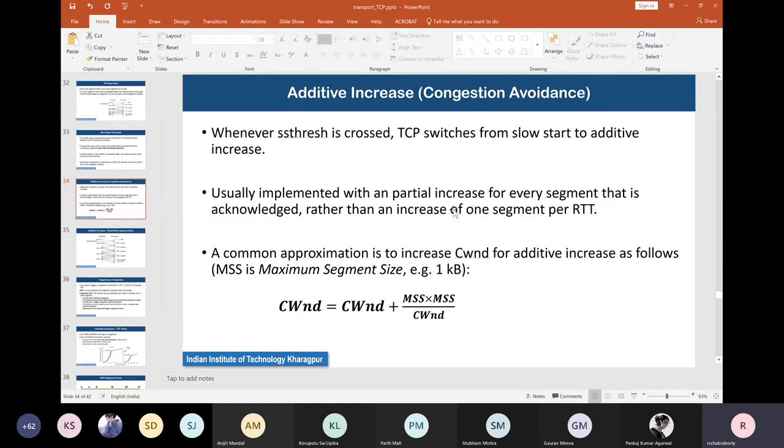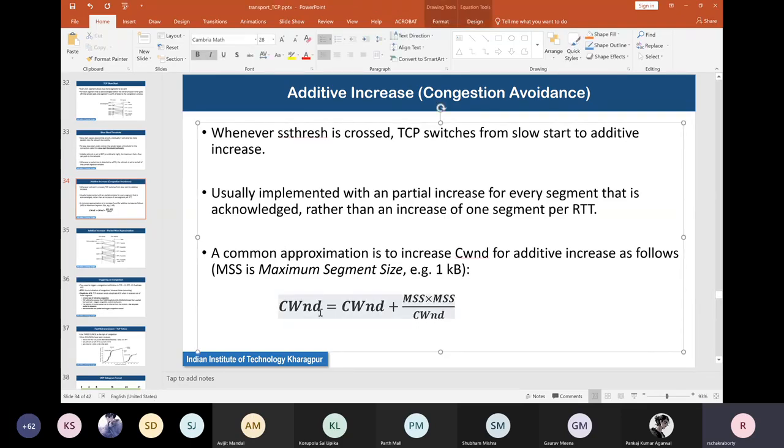Say it is something like maximum segment size MSS squared divided by the existing CWND. So this is CWND new equal to CWND old plus that, so it can be something.